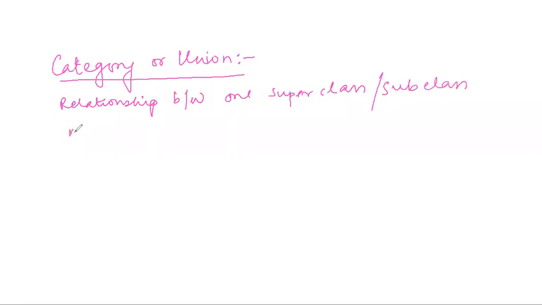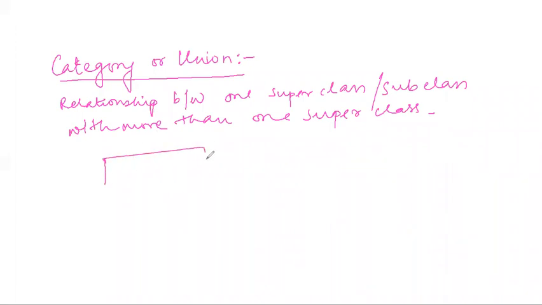Now what is this category or union? Now, the relationship of one superclass or subclass with more than one superclass is known as category or union.